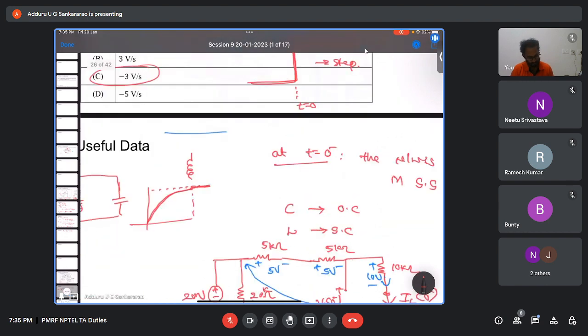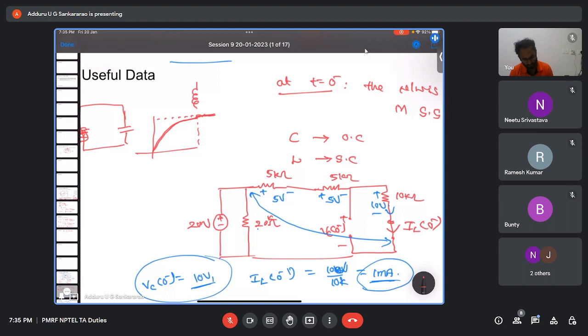Across the capacitor we got Vc of 0 minus as 10 volts. This is nothing but Vc of 0 plus, because within 0 time the capacitor voltage cannot change. Just before and just after switching action the voltage is the same. Similarly, we got IL of 0 minus as 1 milliampere, which is the same as IL of 0 plus, just after switching action.